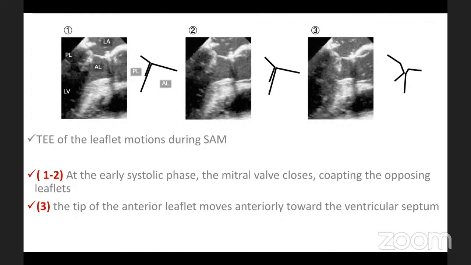So these echo pictures show a transesophageal echo of the leaflet motion during SAM. In pictures 1 and 2, at early systolic phase, the mitral valve closes and the leaflets coapt together. In picture 3, the tip of the anterior leaflet moves anteriorly toward the ventricular septum.